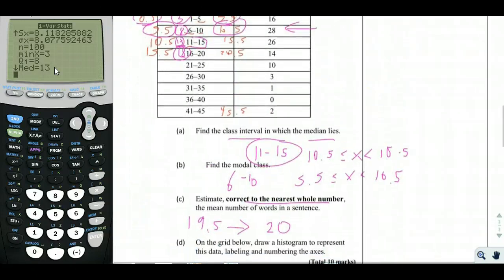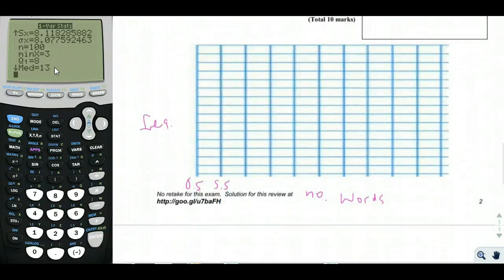So for example, 0.5, 5.5, and then we've already labeled the left side of this class, and this is going to be 10.5, 15.5, 20.5, 25.5, 30.5, okay, 35.5.